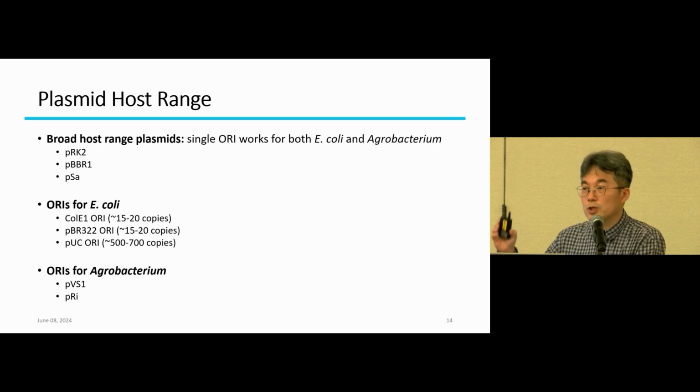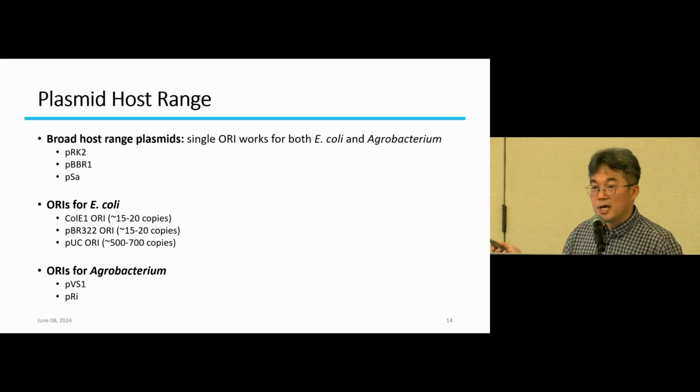So you have to make sure that you include another origin of replication, just like the one in the middle. So these days, most binary vectors combine one for E. coli and one for Agro, because you can get a lot of DNA during cloning, so the cloning process is easier. But in the end, the final product is the same thing.